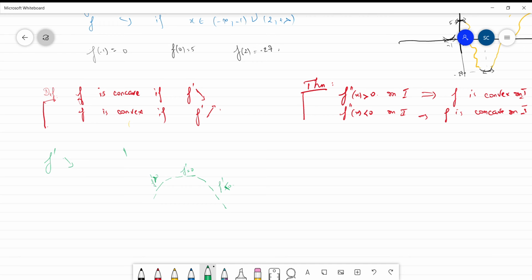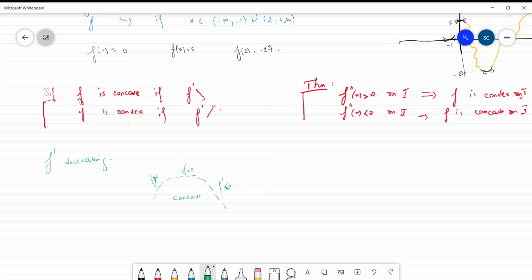Okay, so you see the shape, this is the case of a concave function, and a convex one, let's imagine what is happening here. F prime decreasing, so let's not mix the sign and the monotony. F prime decreasing, increasing.